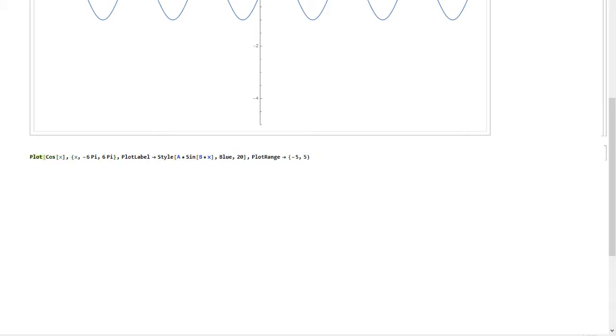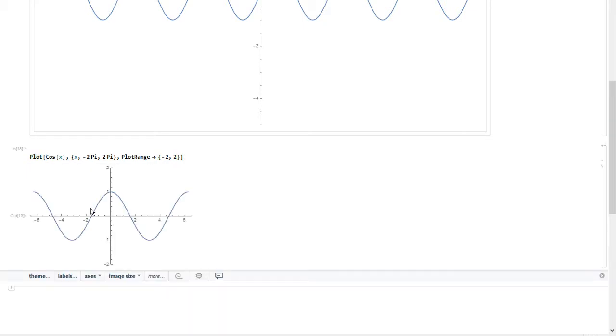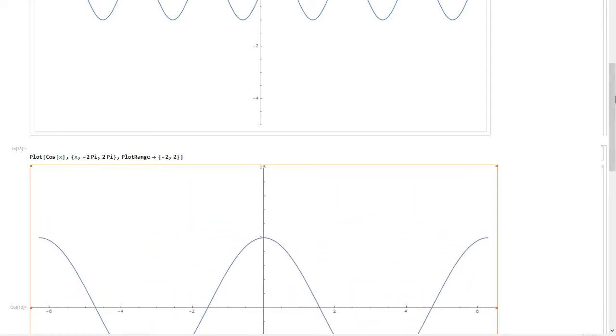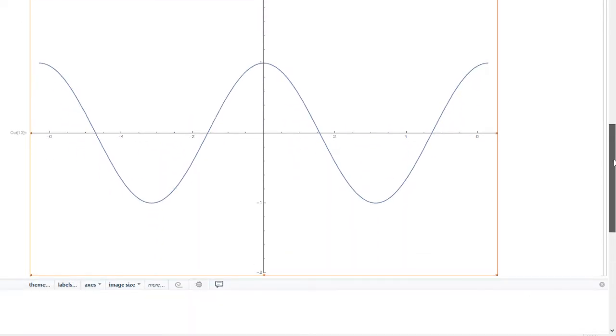And I'll just focus from negative 2 pi to positive 2 pi. And I don't need any labels or anything like that. And we'll plot our range from negative 2 to positive 2. Oh, sorry about the error. Forgot that extra little piece. Okay. So hopefully we'll be able to see this in just a second. So this is the graph of y equals cosine x.